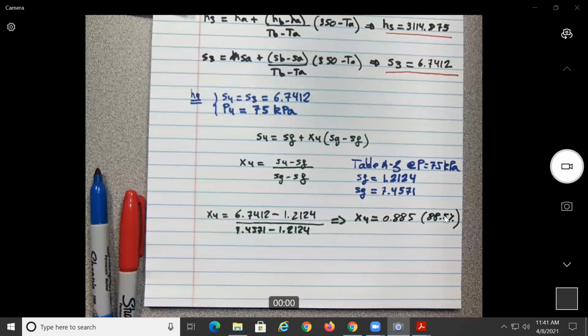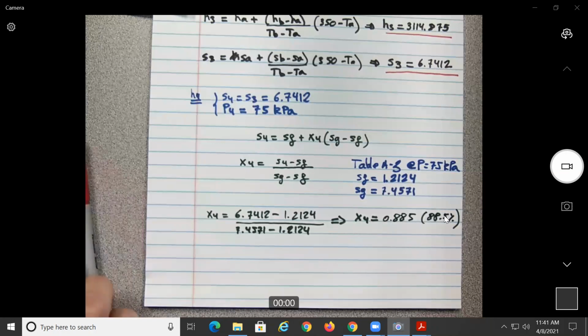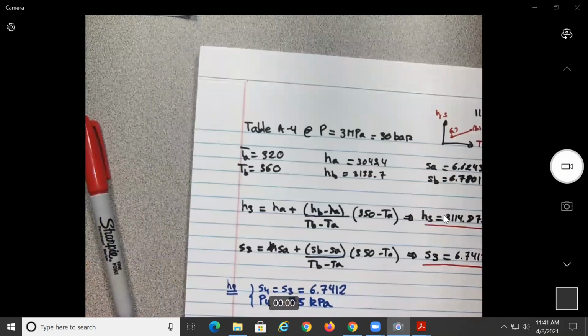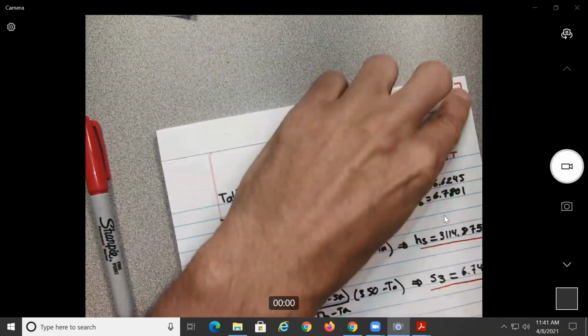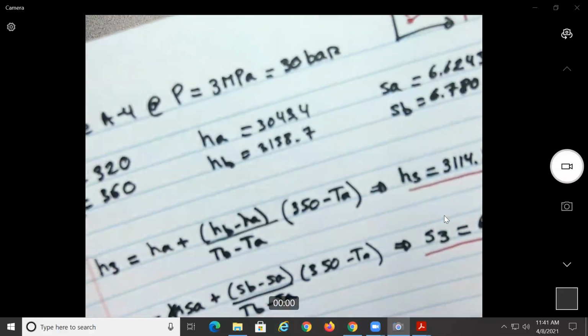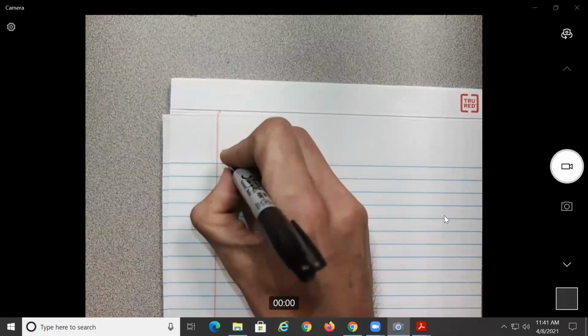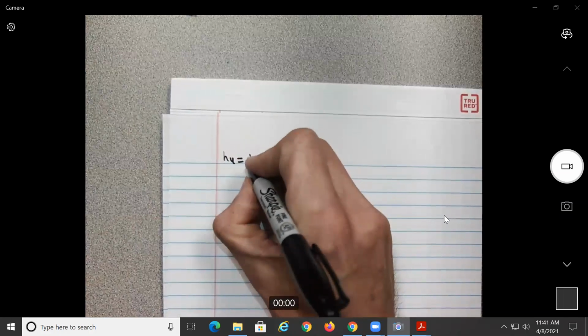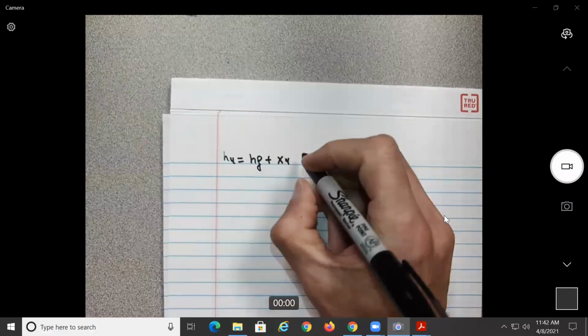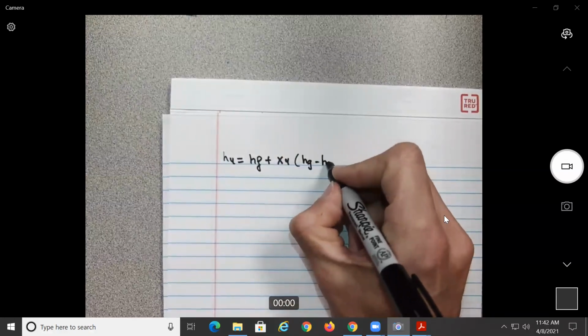All right. Okay, so now this again, not very convenient. So you have to do it for me again, but let's go to the next page. I'm not clear about this interpolation, but we're gonna have to do another interpolation again. So basically now we have H4 will be equal to H fluid plus X4 times H gas minus H fluid.